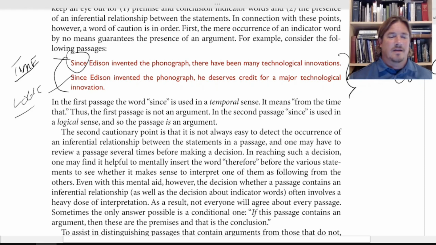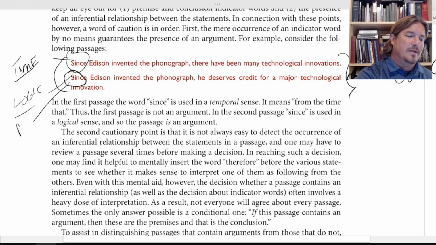Since Edison invented the phonograph, he deserves credit. That's a premise indicator word, because it's used in a logical sense. The first one is not a premise indicator word.